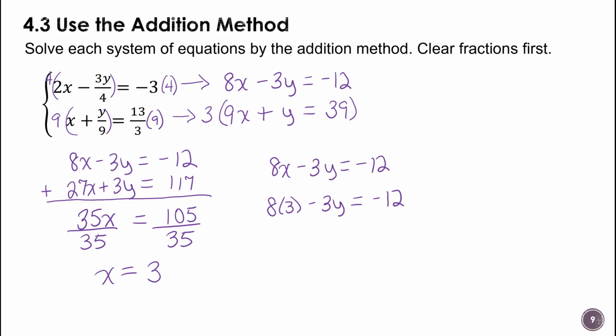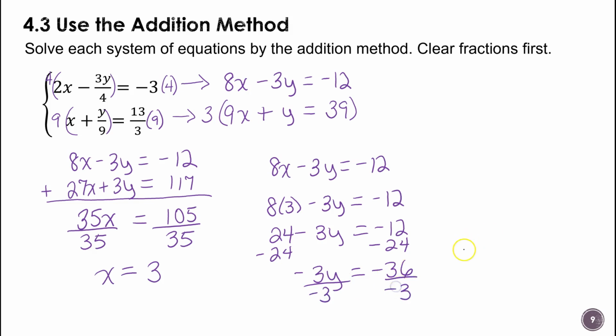And then I'm going to multiply that out. So subtract 24 on both sides. And that's negative 36. Divide by negative 3. And we end up with y equals 12.